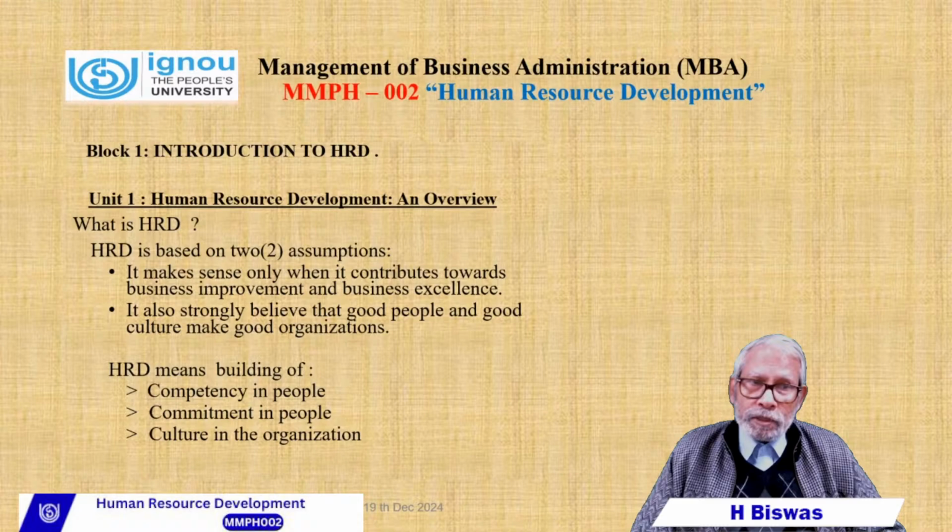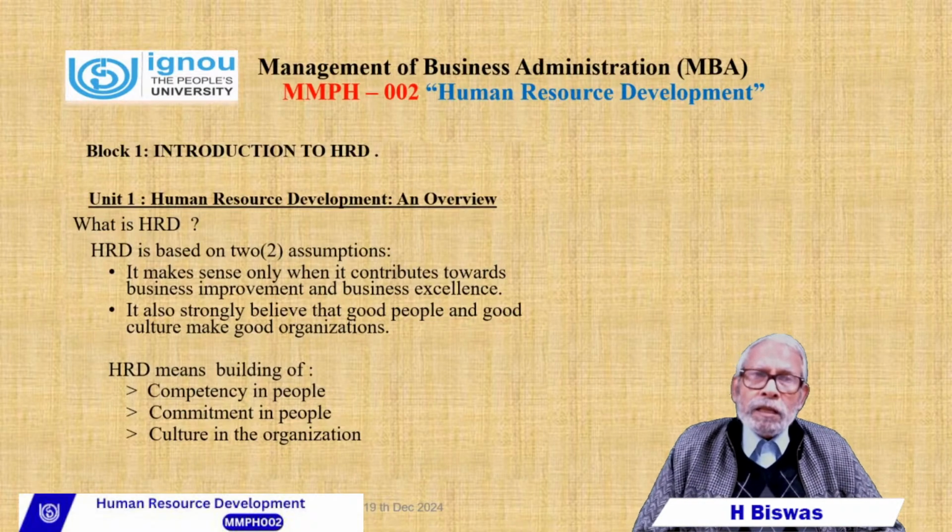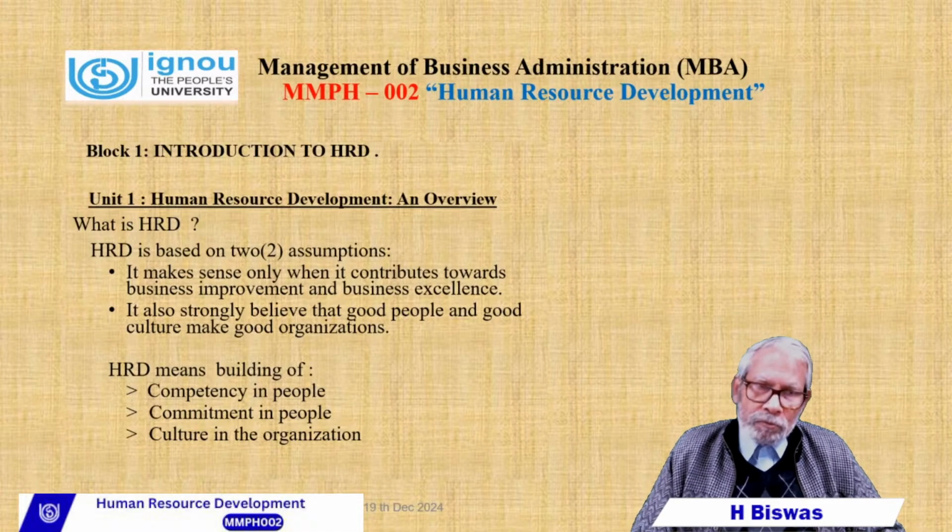That should be built up. Culture in the organization, because culture is also one of the pillars for success. So HRD in total means these three things: competence of the people, commitment of the people, and culture of the people. Or we can say these are the objectives of HRD.